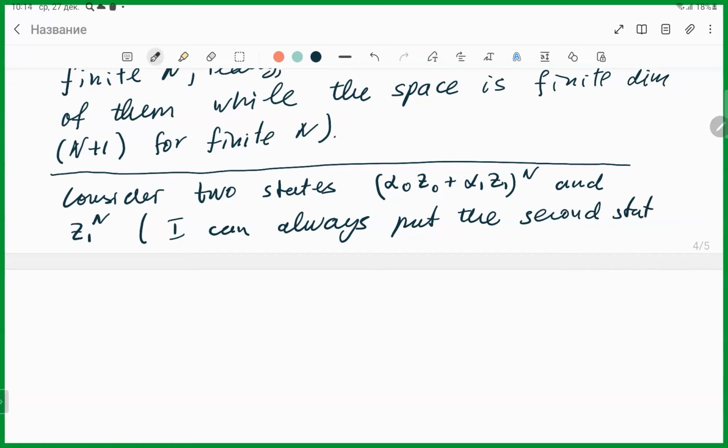I can always put the second state, beta naught z naught plus beta 1 z1 to the power n, to z1 to the n by SU2 rotation.